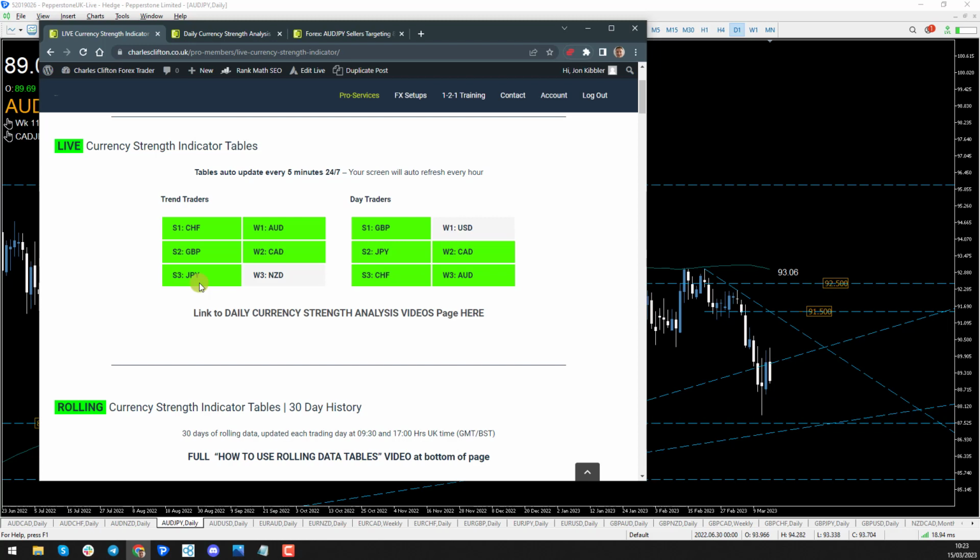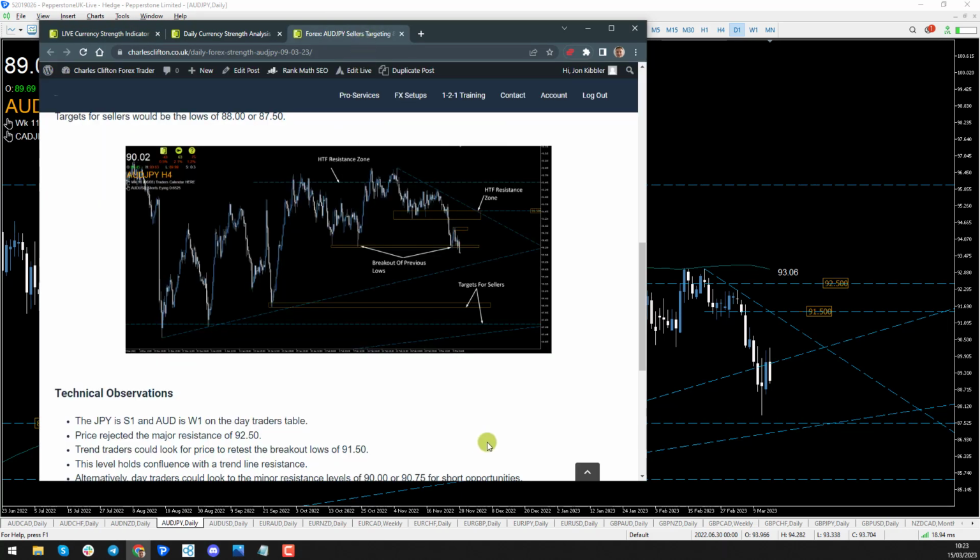Now, we've mentioned Aussie yen, we've mentioned CAD yen this week. I'm going to focus back on Aussie yen just because there could be another opportunity forming. I just want to bring your attention to the previous discussion that we had on Aussie yen, just to re-jog the memory a little bit. I've been talking about the breakout of the lows, and sellers targeting the 88 or 87.50 spot, which is this area here.